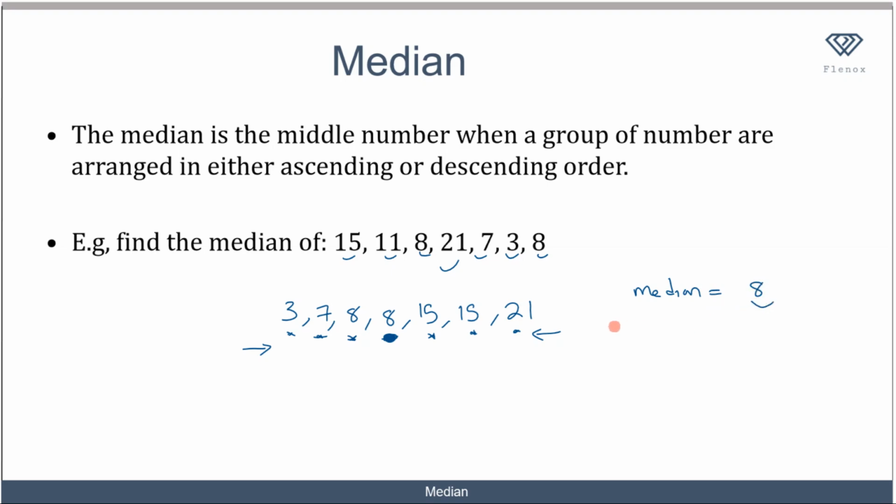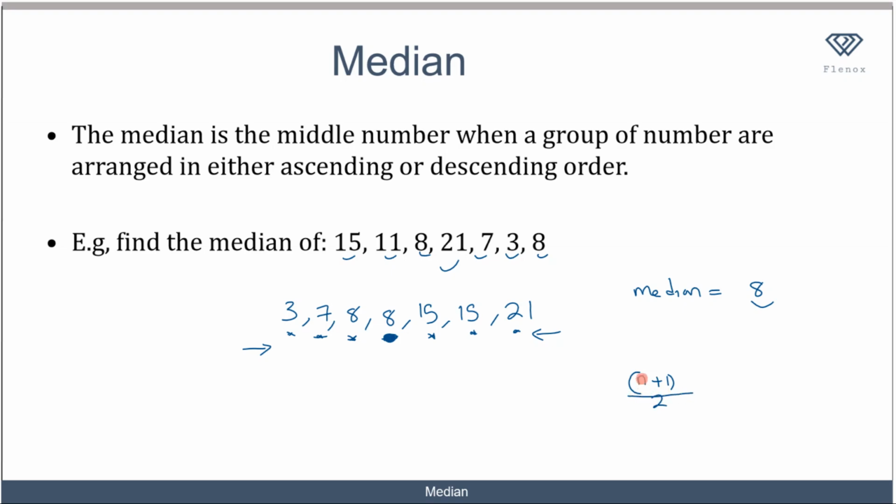Now you will notice something. The total numbers that we had here, it was what? We had 7 numbers, and we got a particular number in which our median fell. So you should put at the back of your mind that when the total number of numbers that you have is an odd number, there is going to be a single value for the median, and that single value can be calculated as (N plus 1) divided by 2.